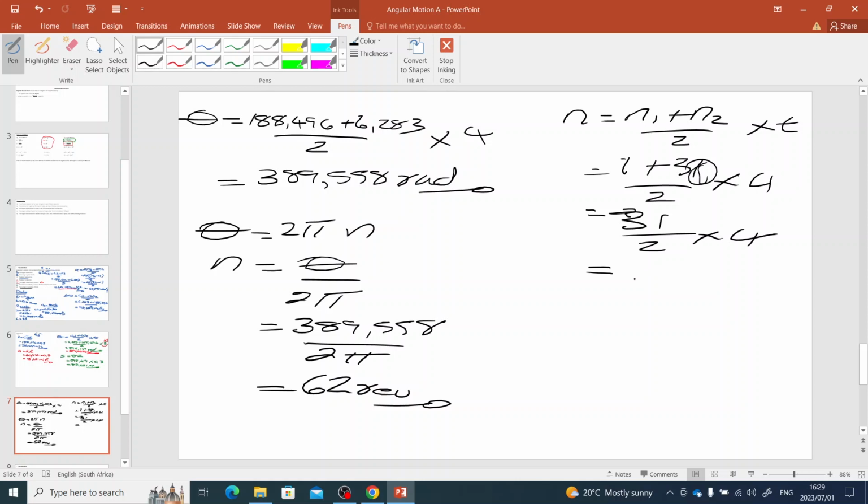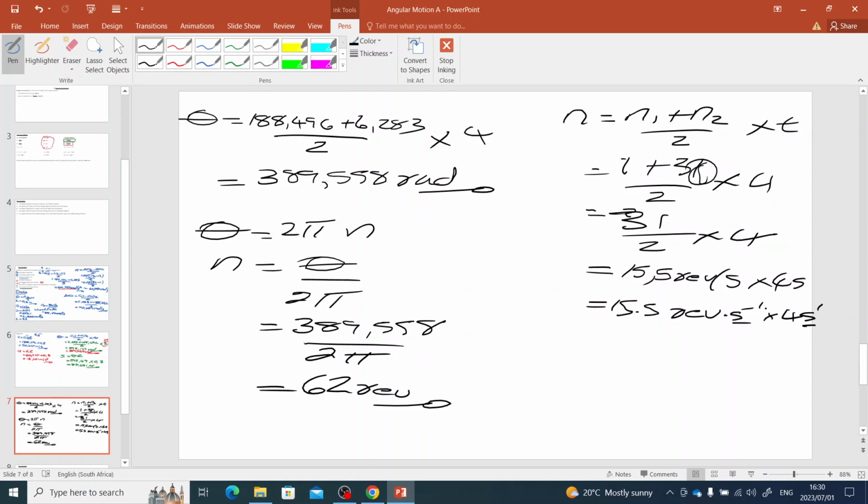Now let's do it step by step. It is 31 divided by 2, then you get 15.5 rev per second multiplied by 4 seconds. Now this is one and the same thing as 15.5 rev per second multiplied by 4 seconds.